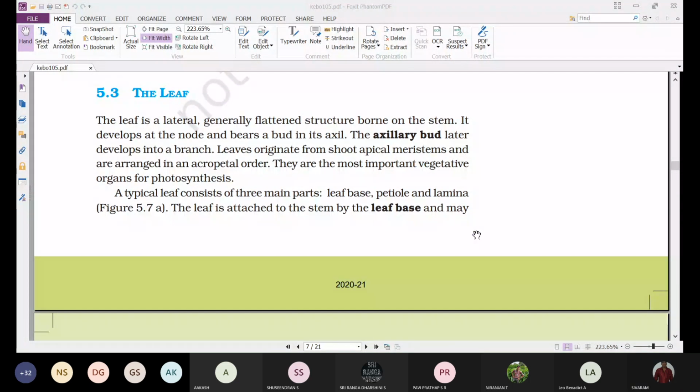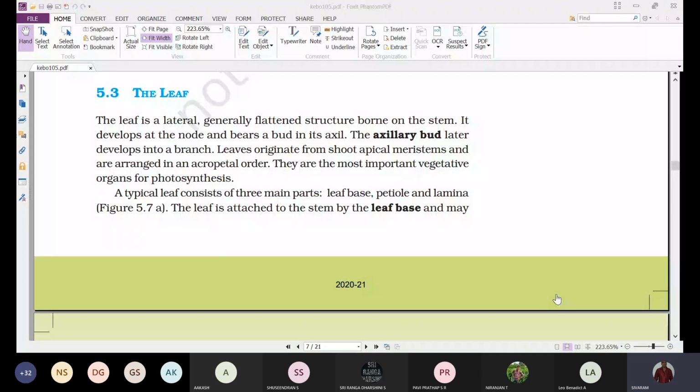And next, the leaf. Already we said where the leaf arises on the stem: the region where the leaf arises on the stem is called the node.